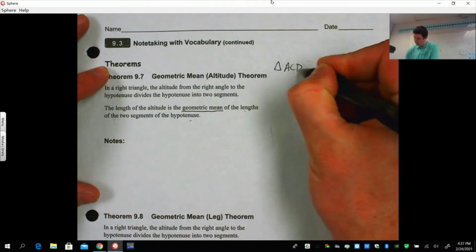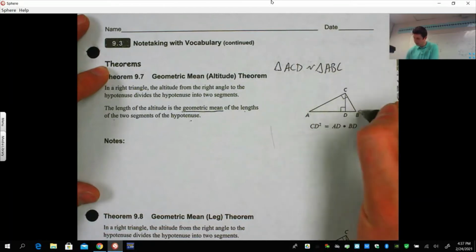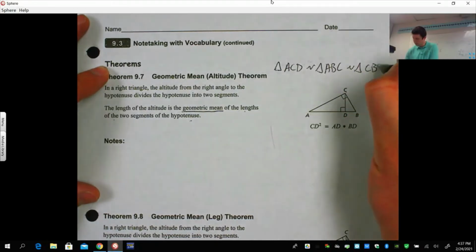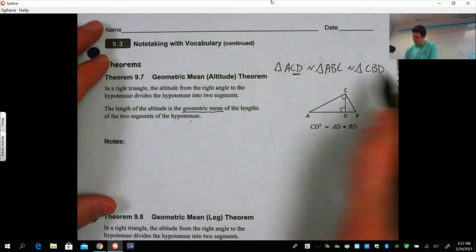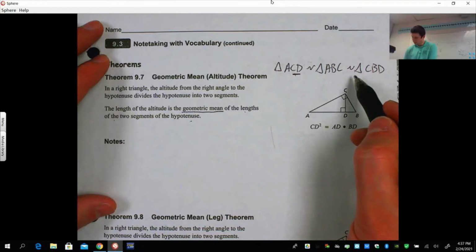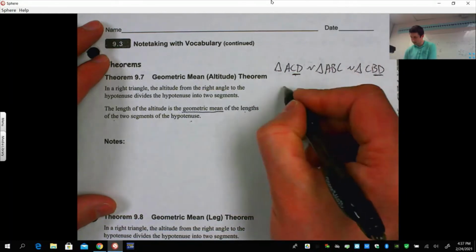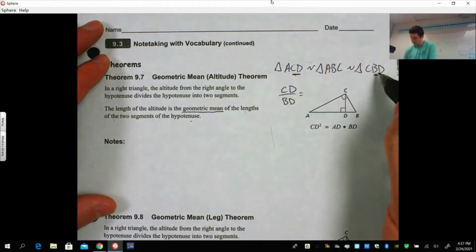Triangle ACD is similar to triangle ABC, which is similar to triangle CBD. So they're asking again about CD. CD over BD, we're not using BC now. CD corresponds to BD, and that has to equal AD over CD.